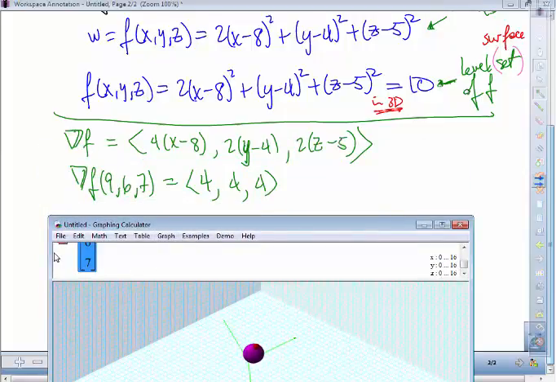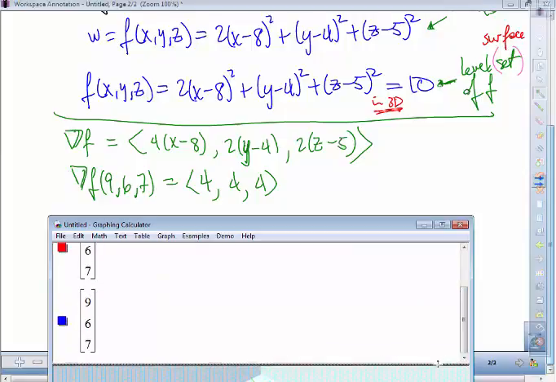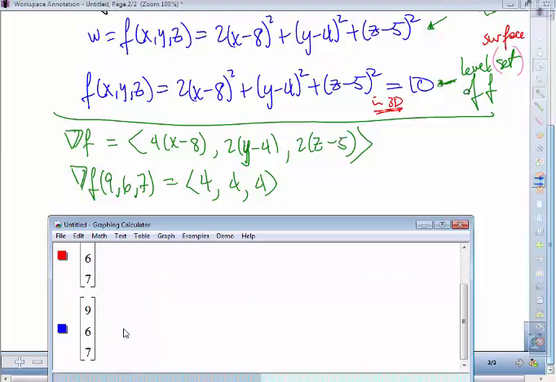For me to do this, I want my vector to start at that point and go in the direction of the vector.